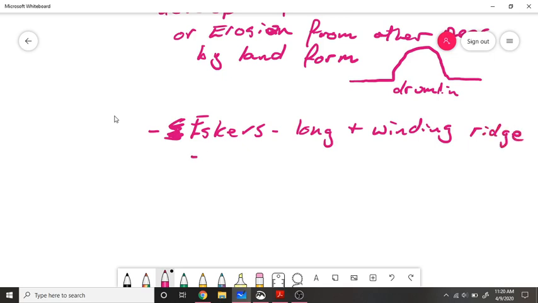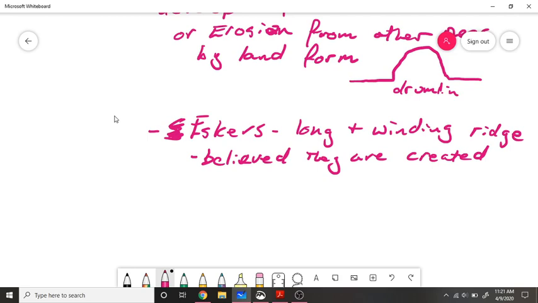And it's believed that they are created as streams carve out an ice tunnel as the glacier is melting.